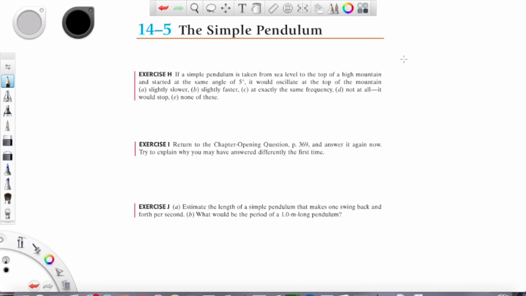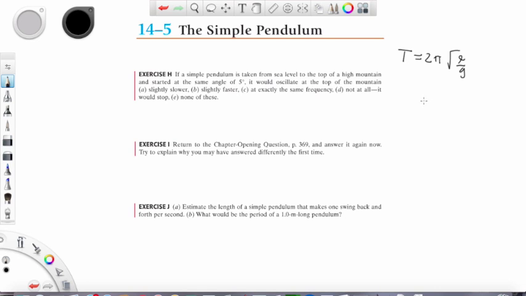What would it do? We know that the period of oscillation for a simple pendulum is 2π times the square root of L over g. L is the length and g is the acceleration of Earth.